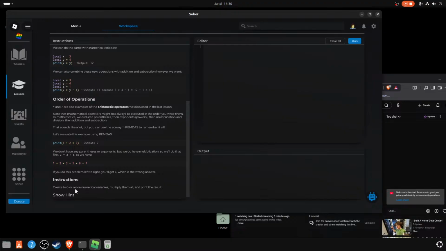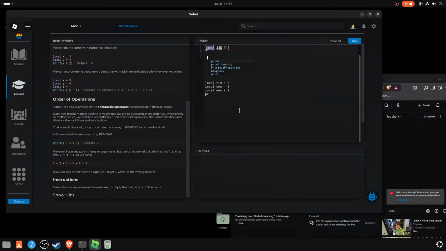All right, instructions. Create 2 or more numerical variables, multiply them all, and print the result. Okay. Local Tim equals 7. Local cow equals 3. Local mu equals 8. I'll just do 2.